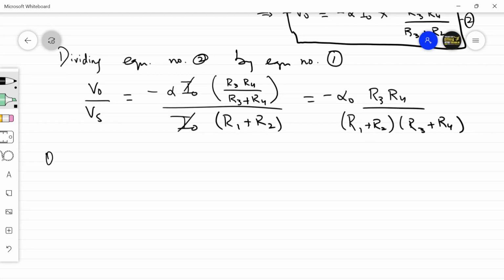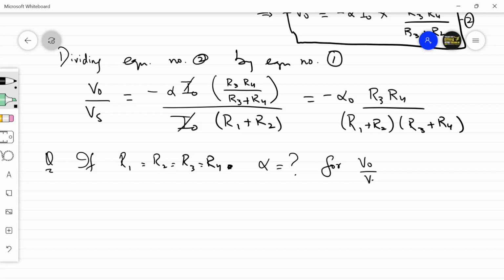And the second part of this question is, if R1 is equal to R2 is equal to R3 is equal to R4, it does not have any value, these are all equal, what will be the value of alpha for V naught by Vs equal to 10?